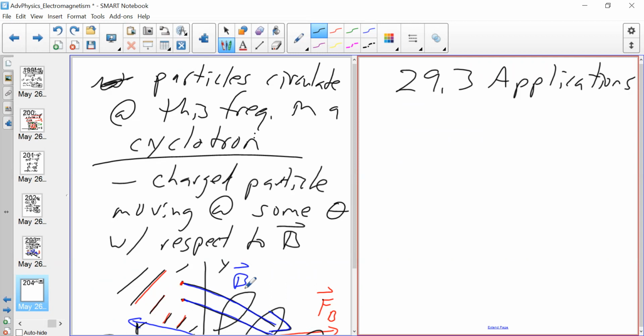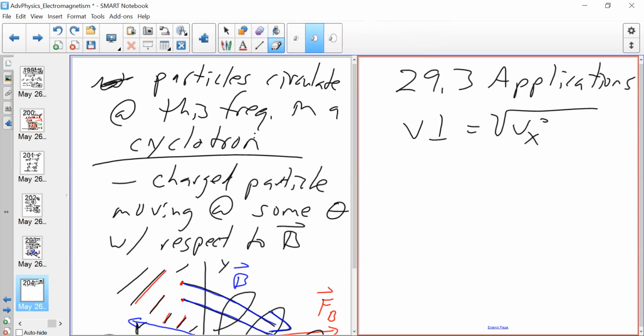In other words, the total velocity vector is the Pythagorean sum of the y and the z axes, and this velocity vector is perpendicular to this FB, and now you've got all your perpendicular stuff. Okay, FB perpendicular to velocity, perpendicular to field. Good. So that is going to give you that helix pattern.